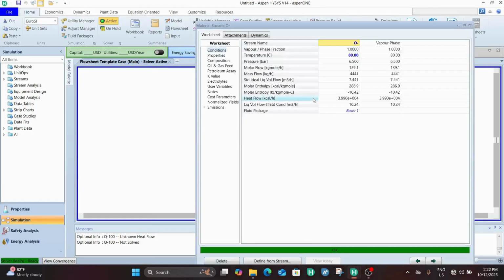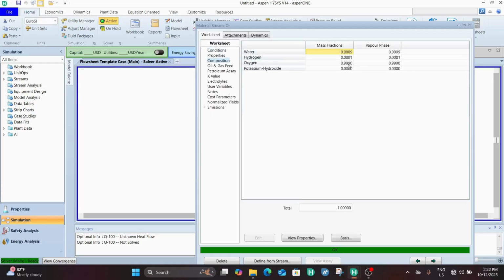And for the oxygen, we have 4,441 as our mass flow, and we have a mass fraction of 99.9, approximately 100% oxygen, just like we specified with respect to the purity.